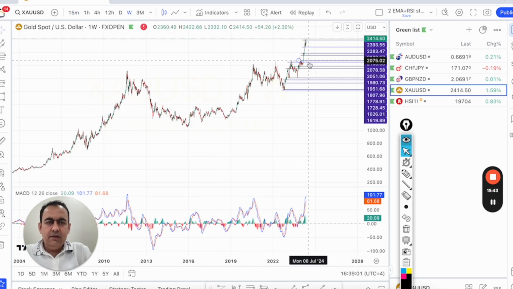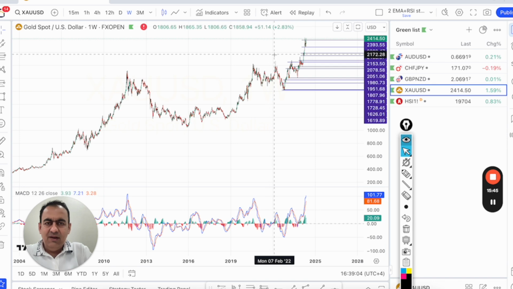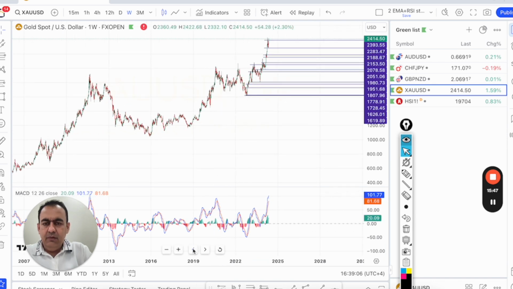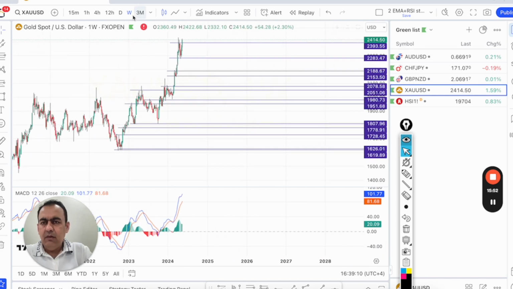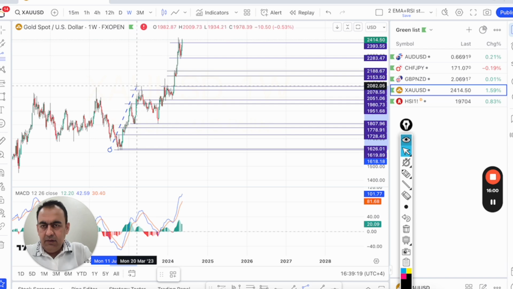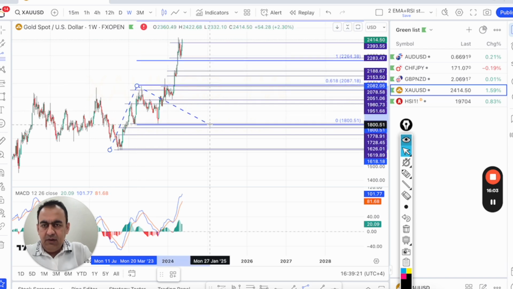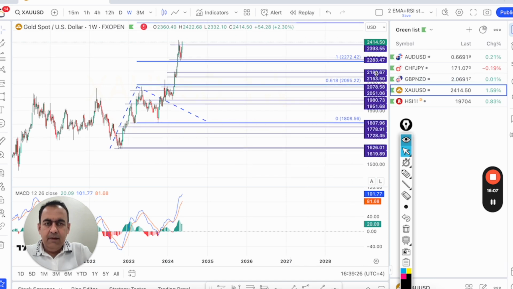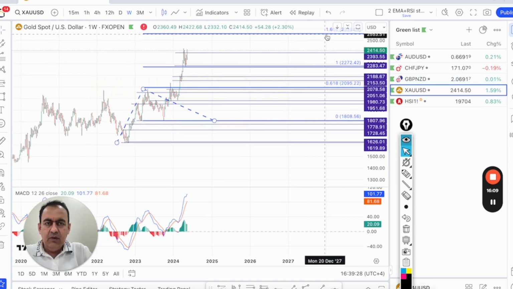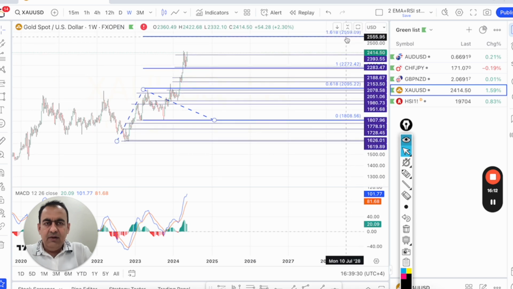I've already plotted the important support and resistance lines here, and based on the latest trend coming on weekly, I'm going to plot a Fib extension starting from this low, connecting to the first high and joining with the higher low. So it has crossed 2272, and the next major level is 1.618, and the price would be 2559 or 2560.